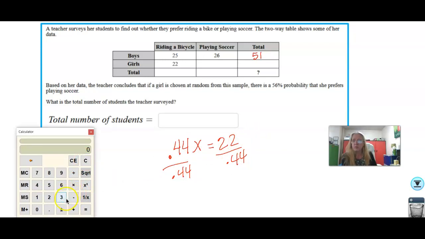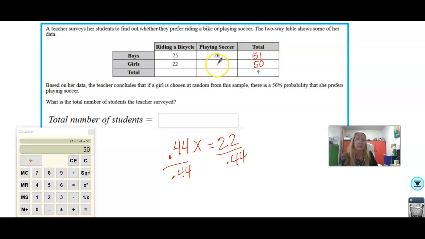Okay, so we would do 22 divided by 0.44 equals 50. So that tells us that there were 50 girls total that were surveyed. You see what I did there? I said this is the total number of girls, and we know that 44% of them was 22, because we know this is 44%. This is 56%.